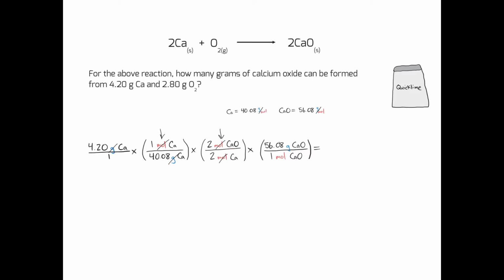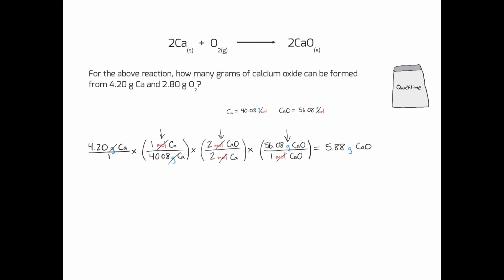So we cancel here and here, and now we're left with grams of calcium oxide. And since this is what we want, we can go ahead and calculate. So we multiply 4.2 times 1 times 2 times 56.08, and then we divide by 40.08, and then we divide by 2. And what we get is 5.88 grams of calcium oxide.